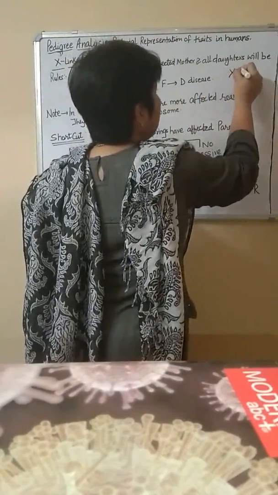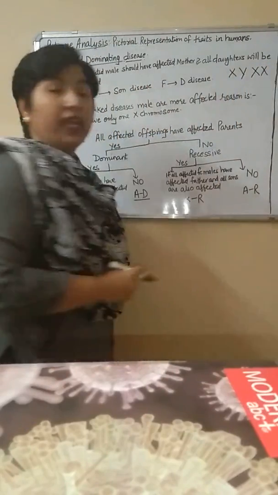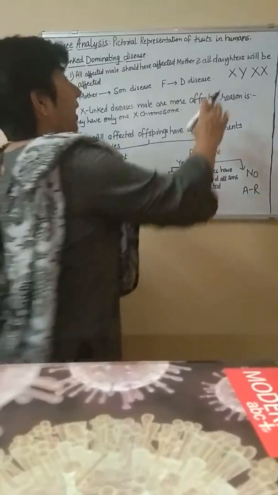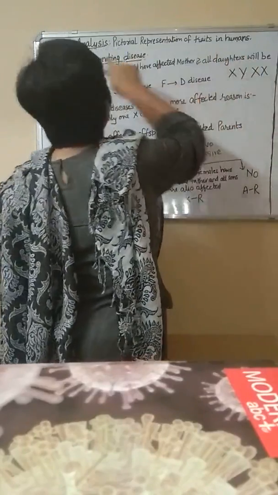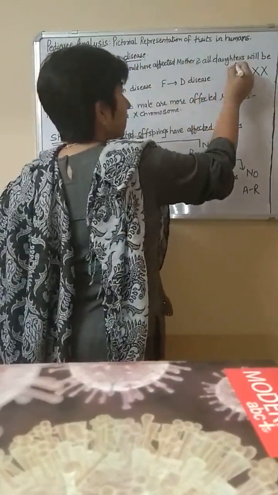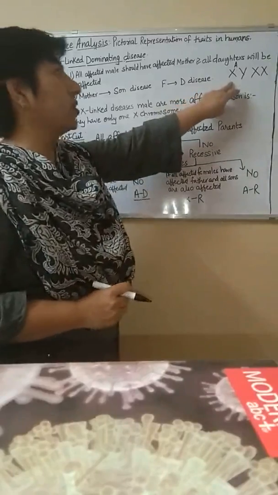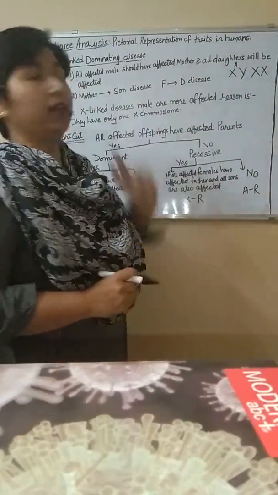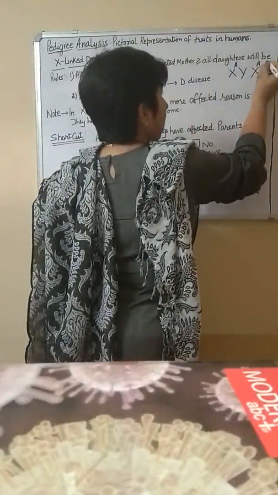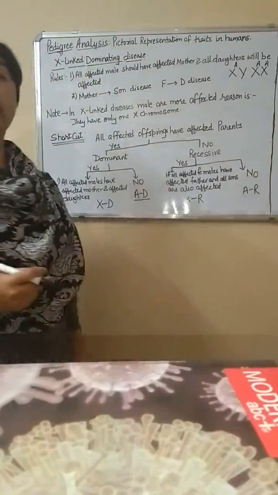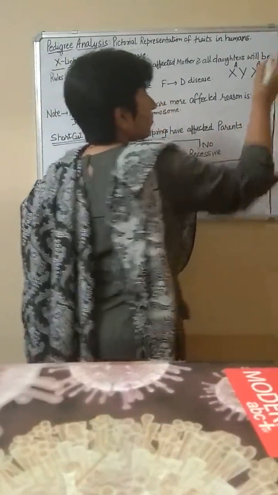Suppose we have the male and female chromosomes and their contrasting alleles. For a male, because it's X-linked dominant, the genotype is capital A. For a female, the condition can be either capital A capital A, or capital A, small a.